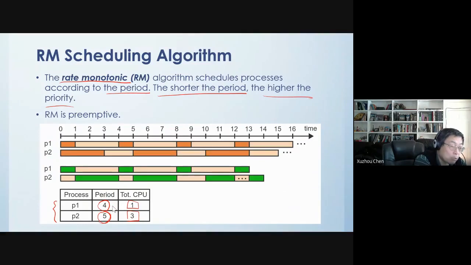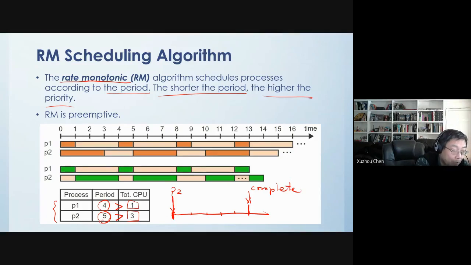Now, this is a general rule: the period has to be larger than the total CPU time, the CPU burst. Say process 2 requests the CPU, and because process 2 has a period of 5, from the time when I request the CPU, you have to complete it within 5 time units, before that deadline.